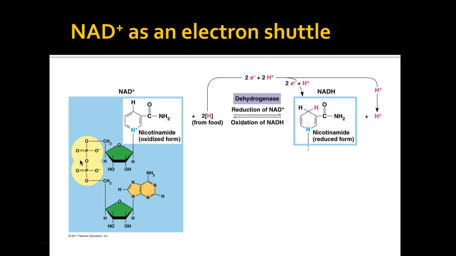And then you also have an enzyme called dehydrogenase. That's going to help with that reaction to convert NAD plus to NADH. So you can see the two electrons going in plus the hydrogen. There you form the nicotinamide, which is the reduced form, and then you get another hydrogen there.